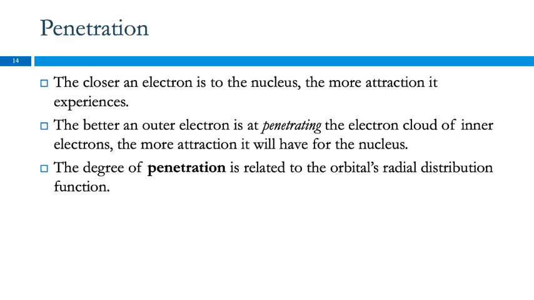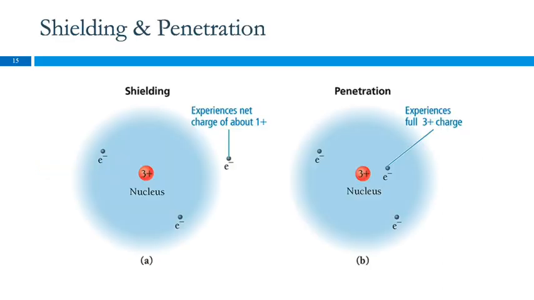And so the outer electrons that are better at penetrating the electron clouds of the inner electrons have more attraction. The degree of penetration is related to the orbital's radial distribution function. Now, I expect that most of that was just like Charlie Brown's teacher, blah, blah, blah, right? Hopefully it'll start to make sense when we look at some pictures.